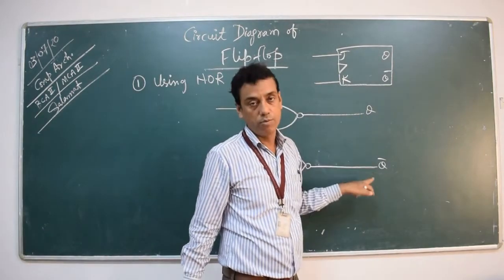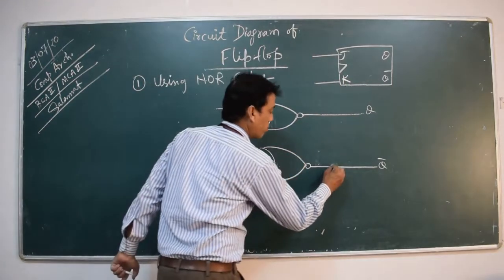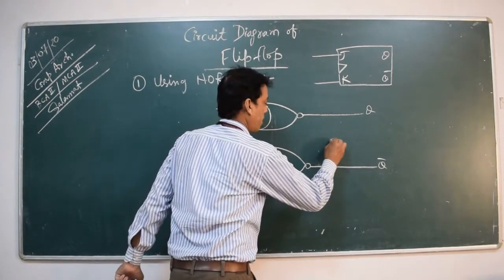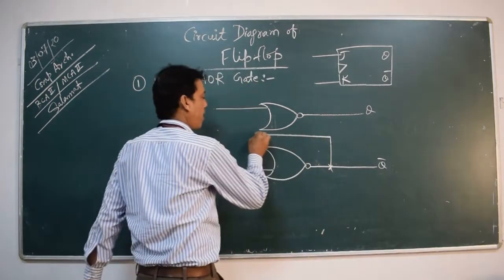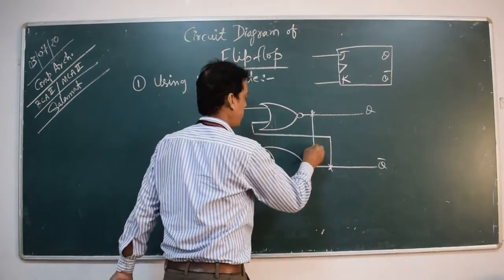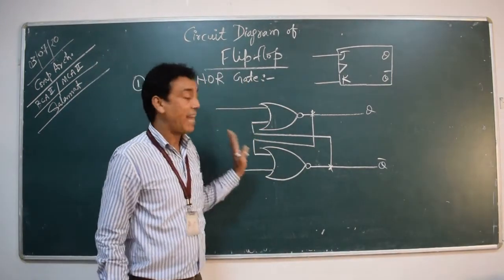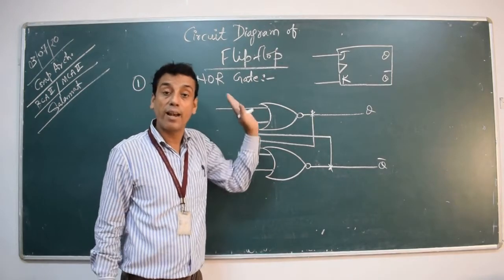This is Q and Q bar. What about gate? I have not completed yet. The output of this will have to go as input to this, and the output of this will have to go as input to this. This is the design for latch.